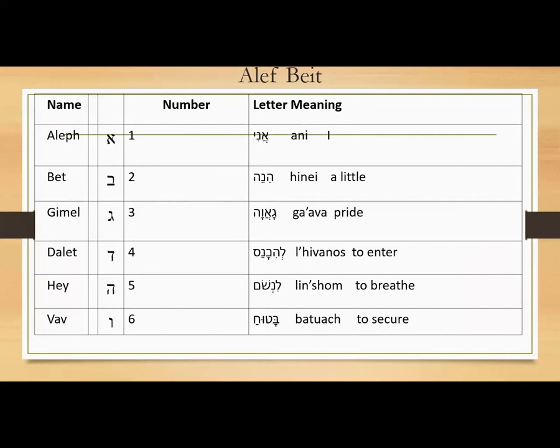I want each one of you, Sharon, Ashley, Zenzele, Vince, Joshua, to give me one Hebrew sentence, and I want you to write it down, and you're going to send it to me on the WhatsApp.